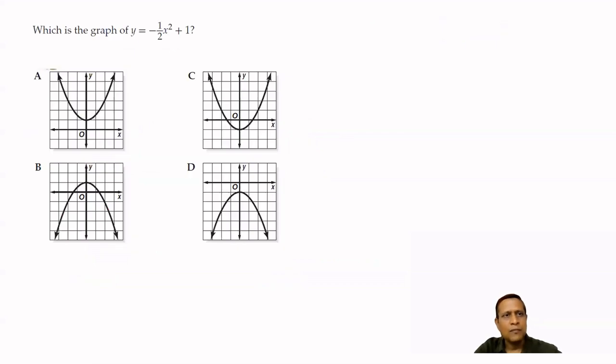Now, this is the question. Which is the graph of the parabola y equal to negative half x square plus 1? So see, with x square, what is multiplied? Negative half. So we have a is equal to negative half, b is equal to 0, we do not have any coefficient of x, and c is equal to 1.